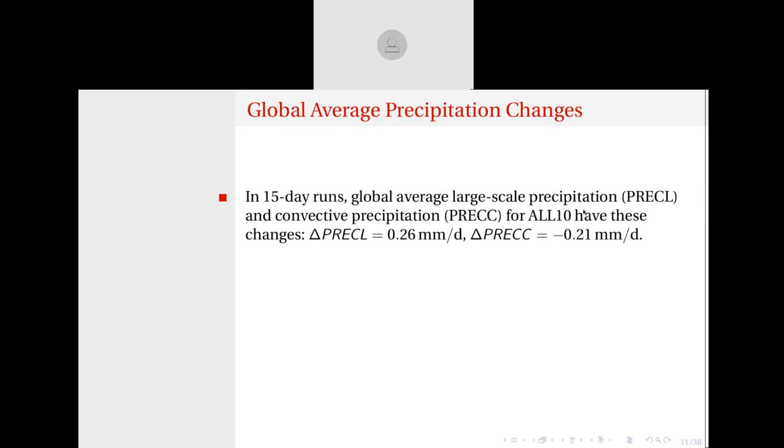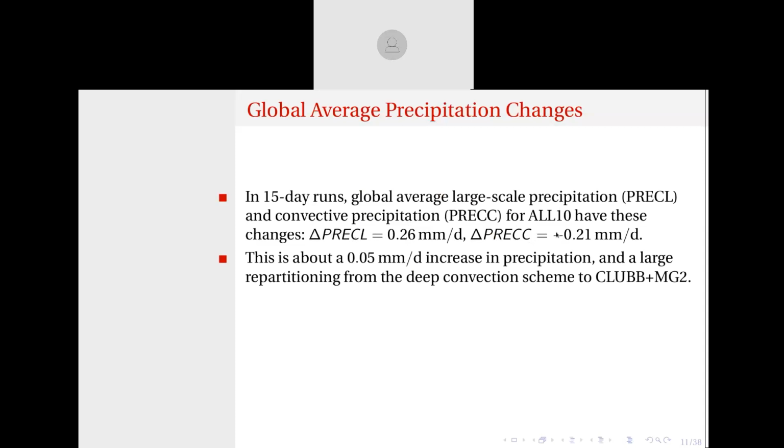So again, looking at what happened in the L10 run, just to summarize what it did to the global averages, we see this big increase in the large-scale precipitation. I left this slide from the version I gave to MWG, but basically PRECL is large scale and this is convective precipitation. And you see this almost canceling out of the changes.